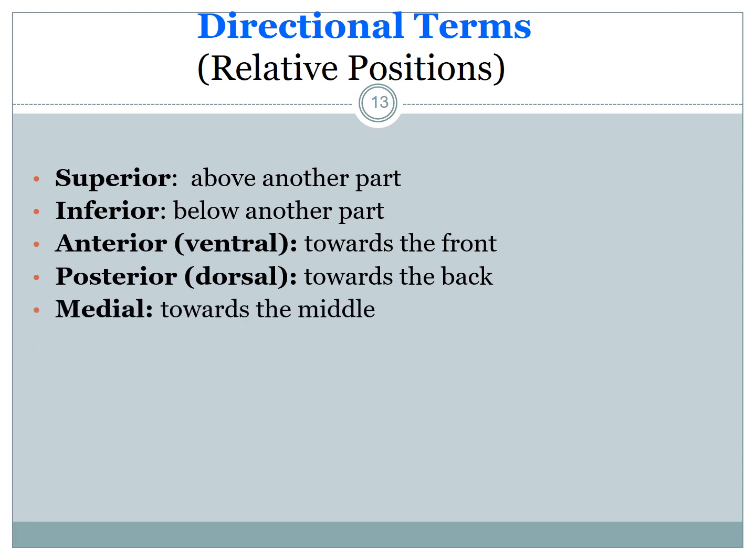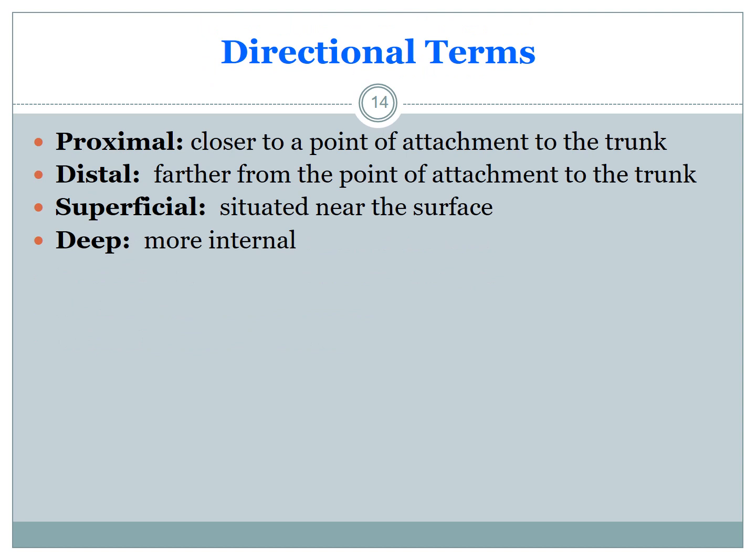Medial means towards the middle. The nose is medial to the eyes, where lateral means toward the side. If you look at the bones in your forearm, your radius is lateral to your ulna. Here are some additional terms. When referencing arms and legs, because they are so freely movable, instead of using the terms superior and inferior, the terms used are proximal and distal.